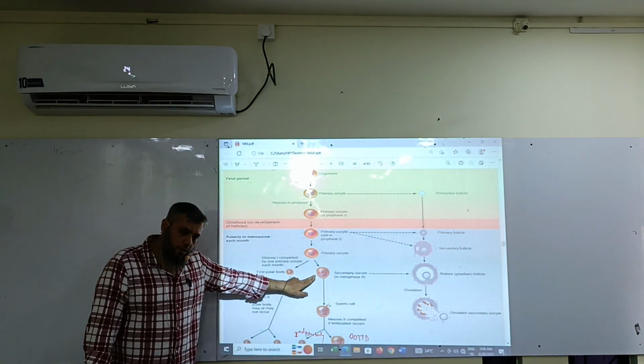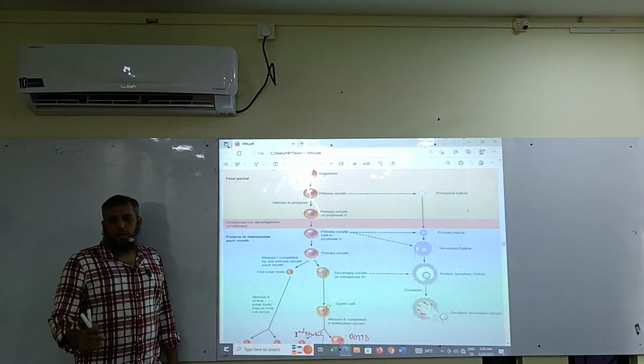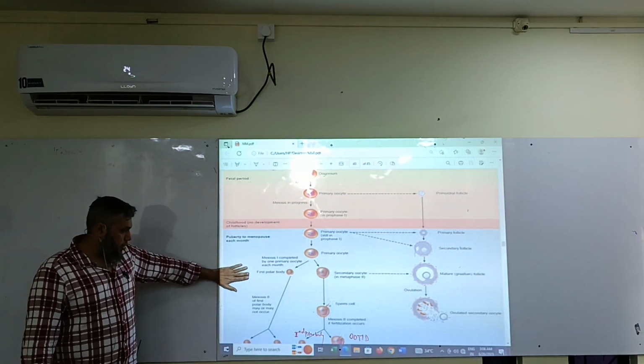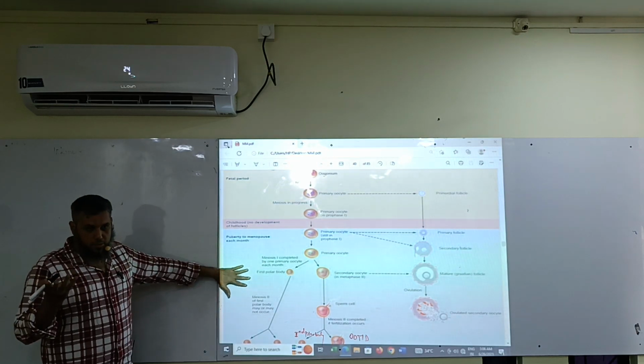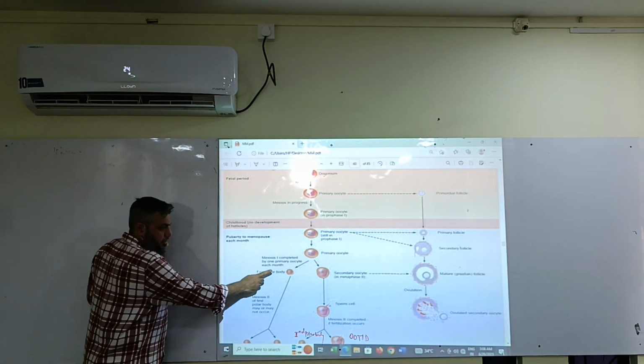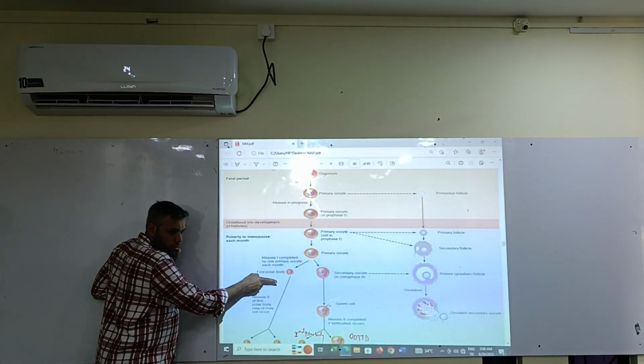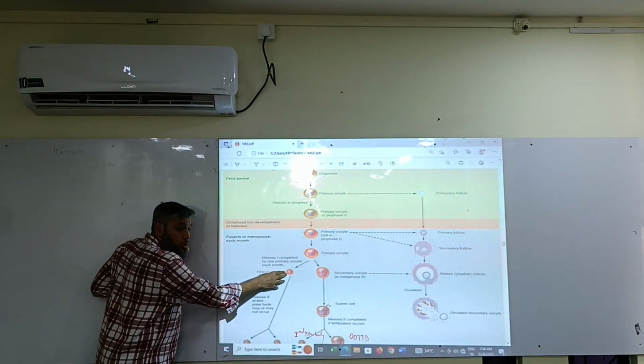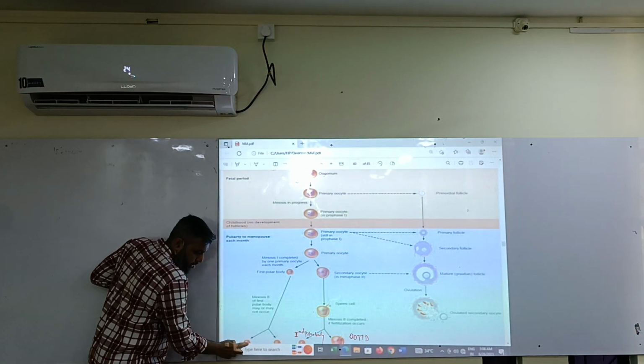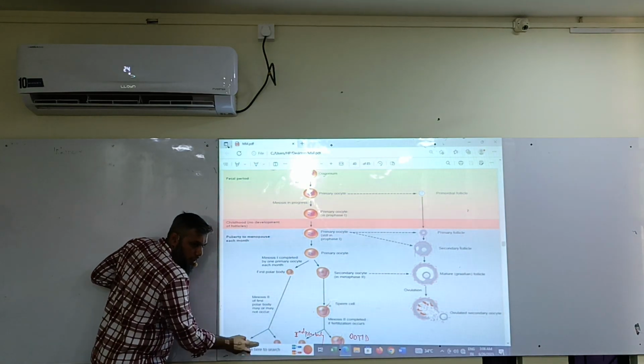Only the secondary oocyte. Now this thing may or may not take place, that is, the first polar body may or may not complete its meiosis 2. If it does, you will get 2 more polar bodies, 3 and 4.